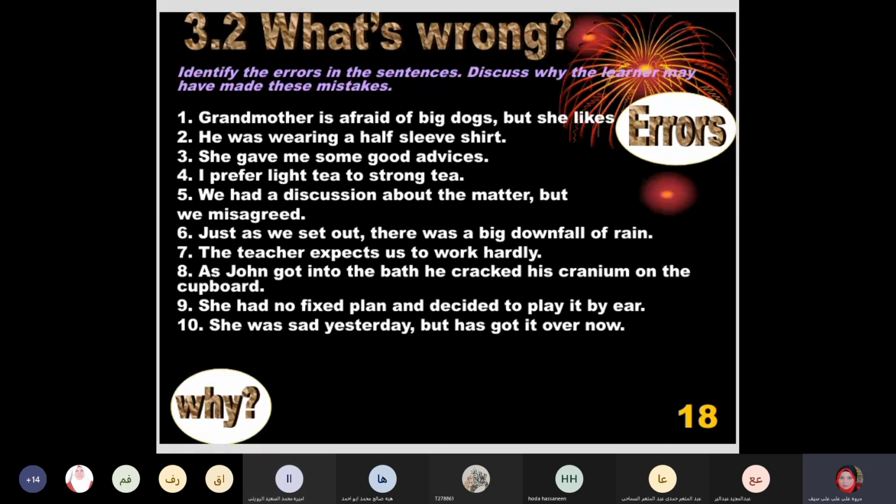I heard Mrs. Amira saying own language interference. I agree with you. That's correct. What else? He is confusing antonyms and collocations. He doesn't know the right antonym to the word strong. Is it light? Is it weak? So mainly this error is own language interference and maybe confusion over the antonyms and collocations. All right, let's move on to the fifth one.